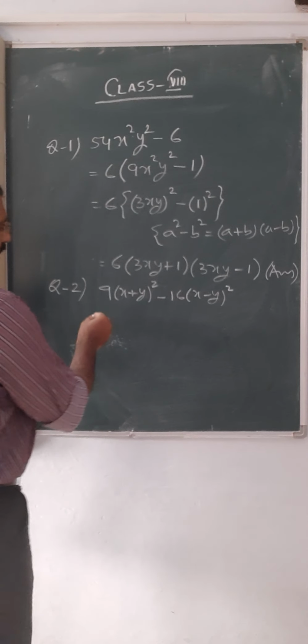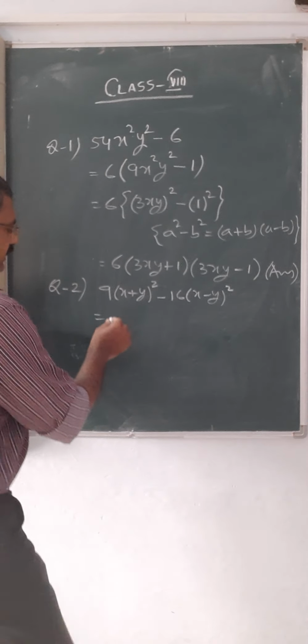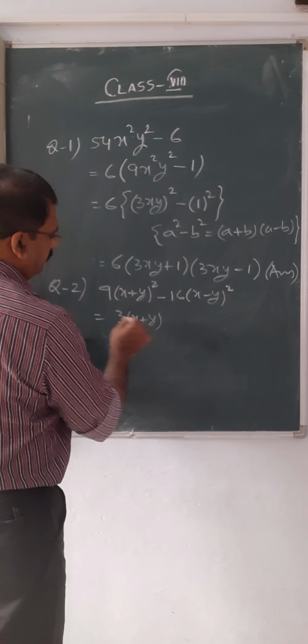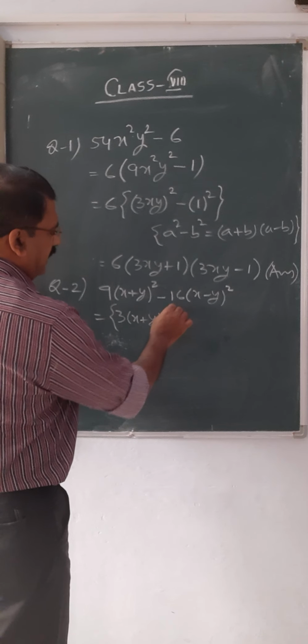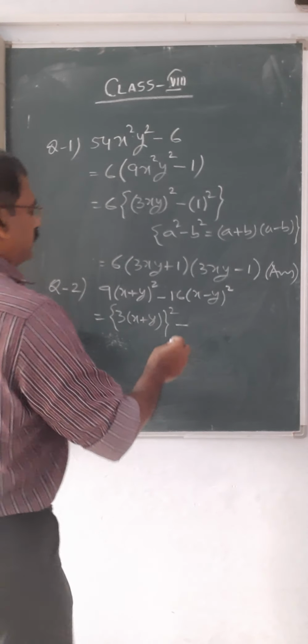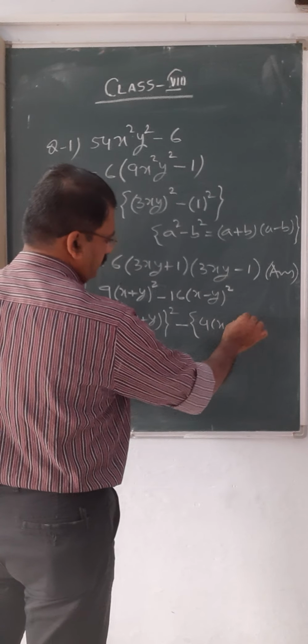Now see, 9 is 3 square, you know that. So we can write it as 3 into x plus y whole square, like this, and minus, you know that 16 is 4 square. So you can write it as 4 into x minus y whole square.